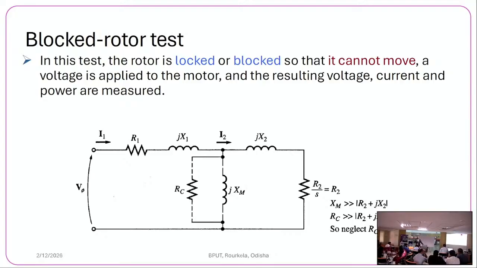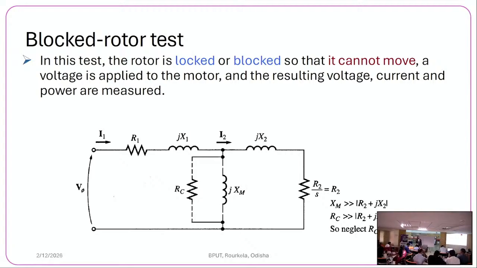We apply a small voltage and increase it till rated current flows through the ammeter. You don't have to apply full voltage; 10-20% of the rated voltage you apply, and you will get the rated current. Rated current should not be exceeded.